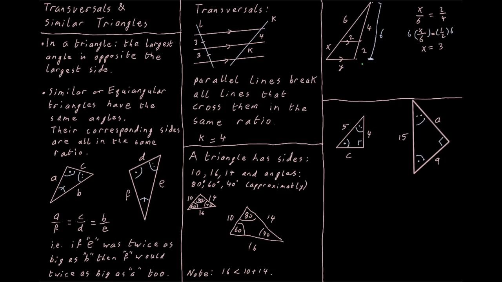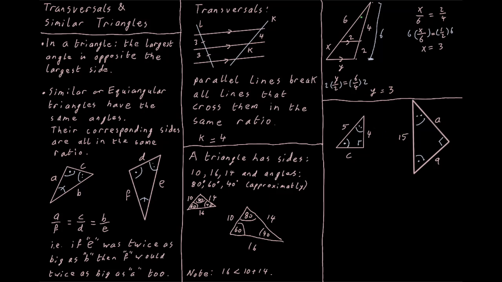So if I write that in, I know that y all over 2 must be the same as 6 all over 4. If I multiply both sides by 2 and simplify to get y by itself, we will end up with y being 3 when we put it into our calculator.